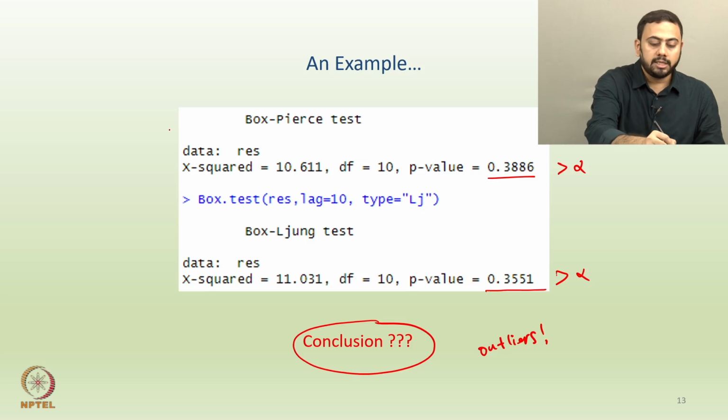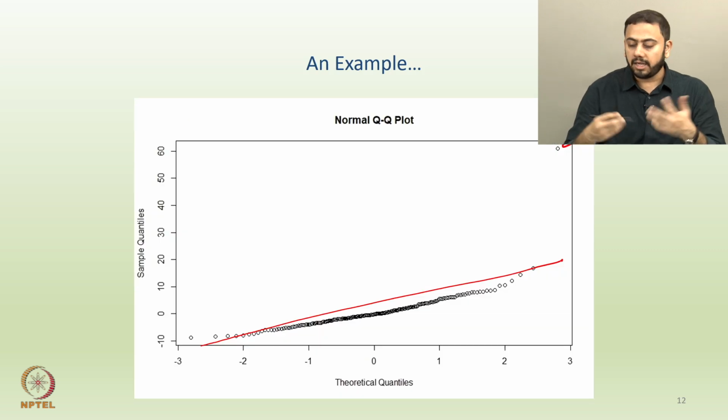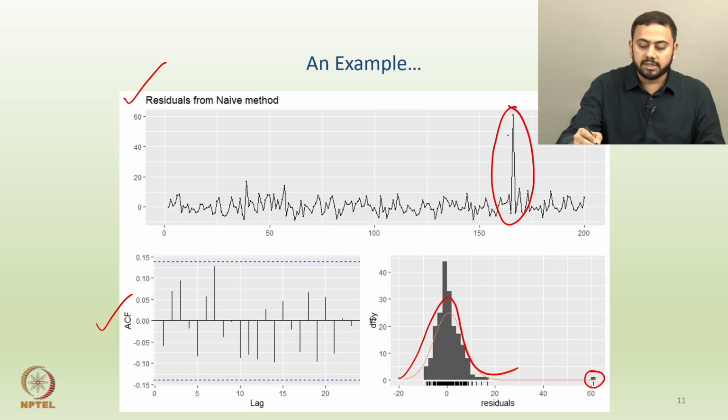Both the serial correlation checks are matching. If you go back a slide, you can see that normality, apart from this outlier, is met, and the behavior of residuals, apart from this sharp jump, looks stationary. There is no serial correlation in the ACF plot, and from the histogram it looks normal. So it checks all the boxes as we want.